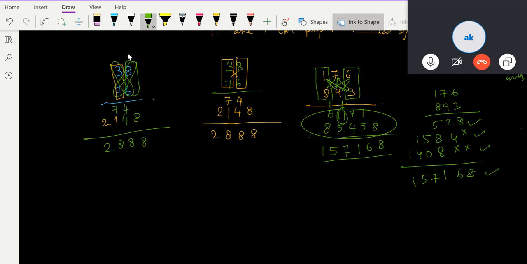Of course, there will be an on-screen calculator, but believe me, using that will consume more time than doing this. You can check it out yourself using the calculator, right? Because this is the first time, so it is taking a little bit of time. But once you practice a couple of them, you'll be able to do it in no time.